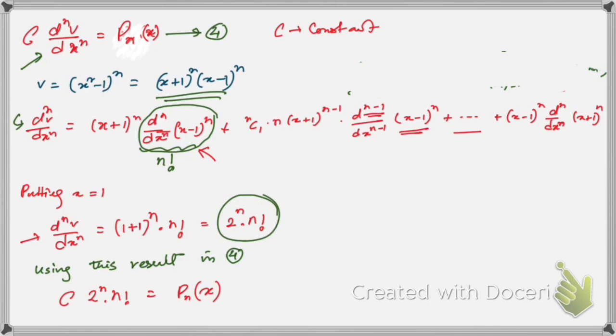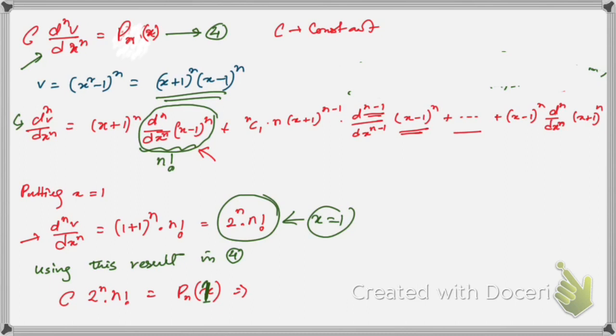So this implies, one more thing. We have used this for x is equal to 1. So you have to put here 1, and the value of Pn of 1 is equal to 1.